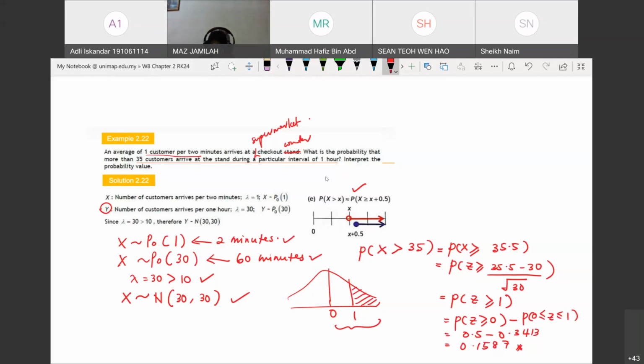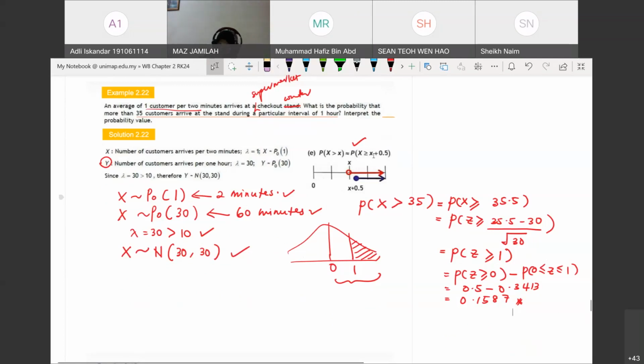Okay, interpret the probability. If you put this in terms of percentage, you can say 16%. Okay, to be exact, 15.87%. So in this case, you can say there is a 16% chance that more than 35 customers arrive at the supermarket checkout counter within 1 hour.